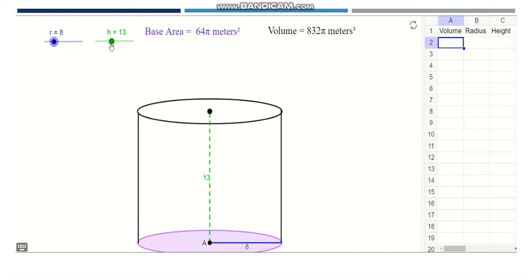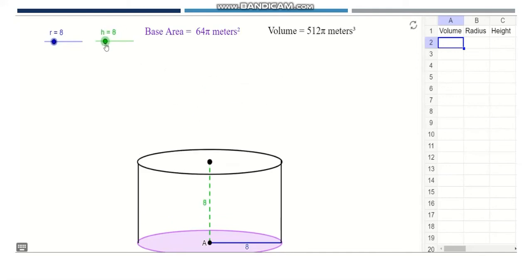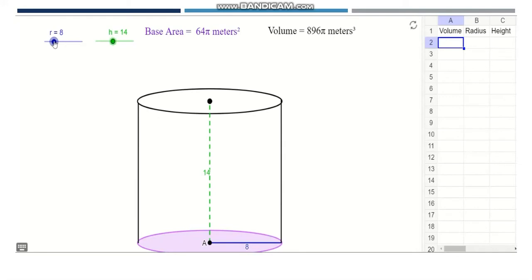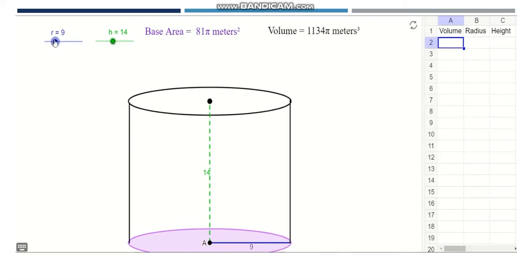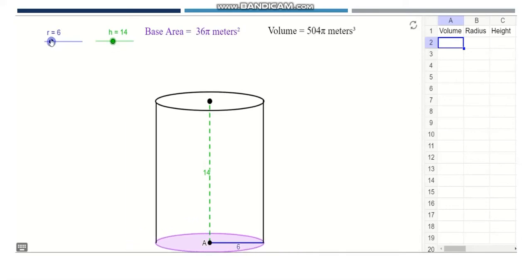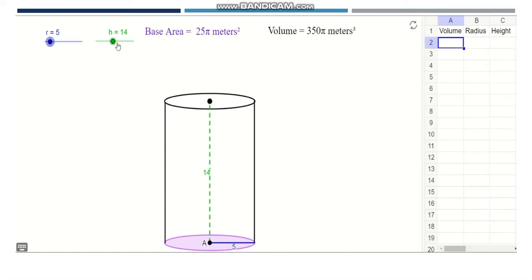There are two buttons in here, and we can change the radius and height as you see. We know that our first tank has a radius of 5 meters and a height of 12 meters. Let's change it to a 5 meter radius and a height of 12 meters.